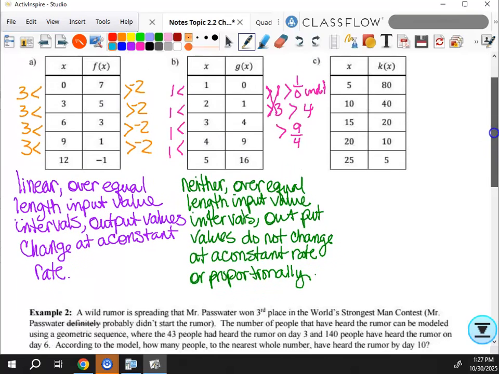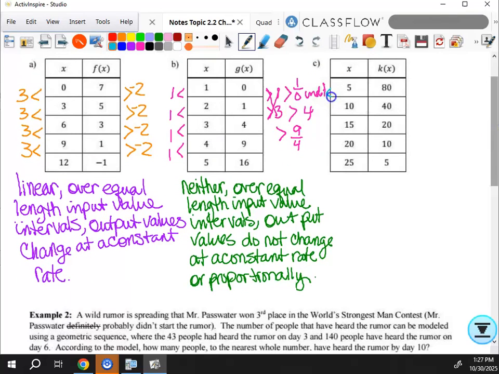So let's check out this one. Sort of used up some of my space here, but 10 minus 5 is 5, 5, 5, 5. Okay. Then over here, if I start doing my differences, 40 minus 80 is -40. 20 minus 40 is -20. Is this going to be linear? No. So I'll just mark that out for myself.